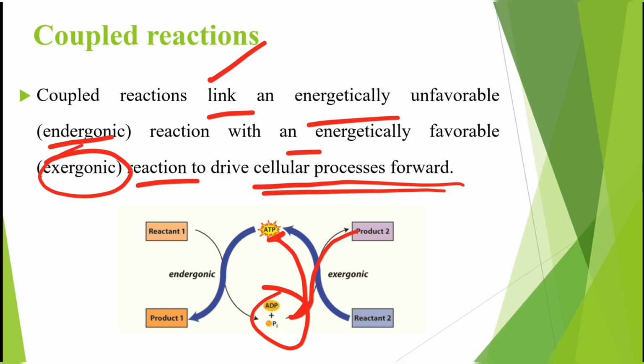ATP hydrolysis releases energy by removing a phosphate group to form ADP and inorganic phosphate. And ATP synthesis stores energy by adding a phosphate group to ADP. So the negative free energy change of ATP breakdown powers cellular work like muscle contraction and active transport.